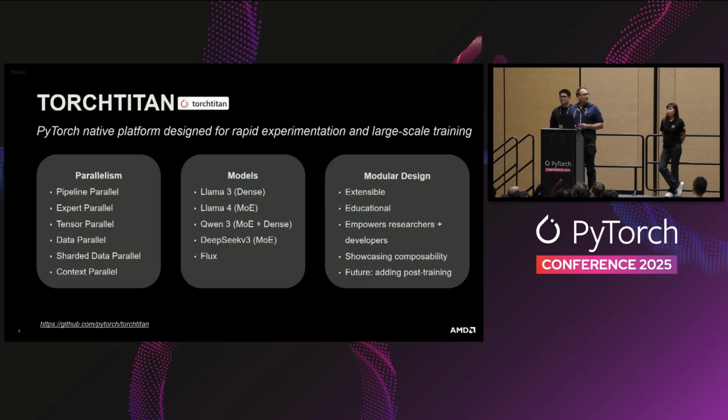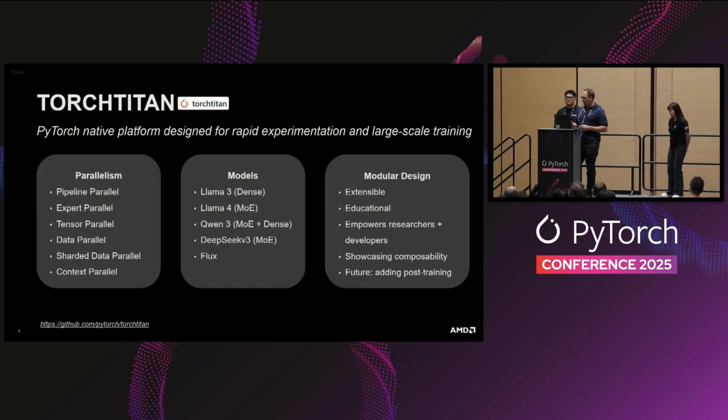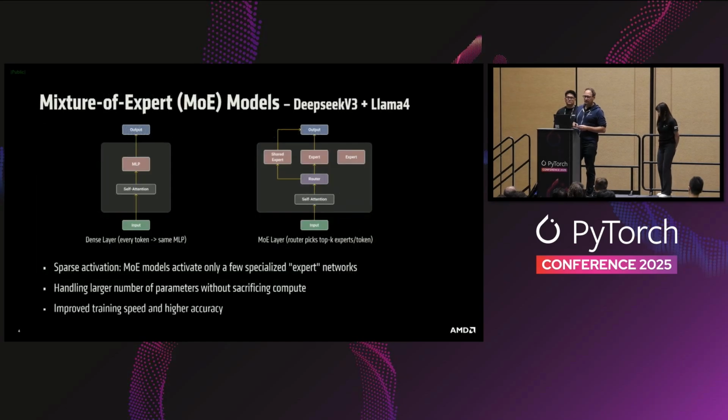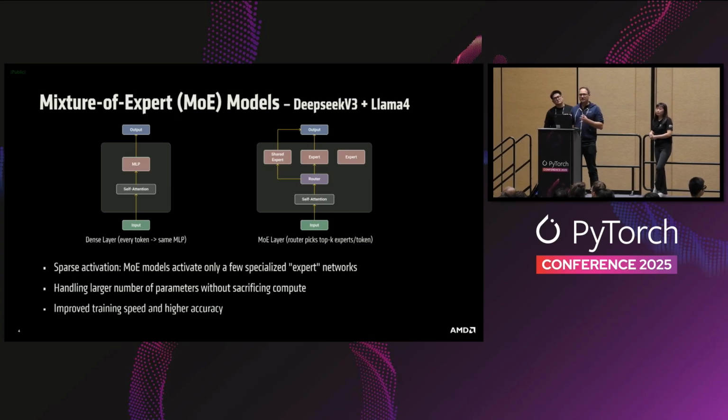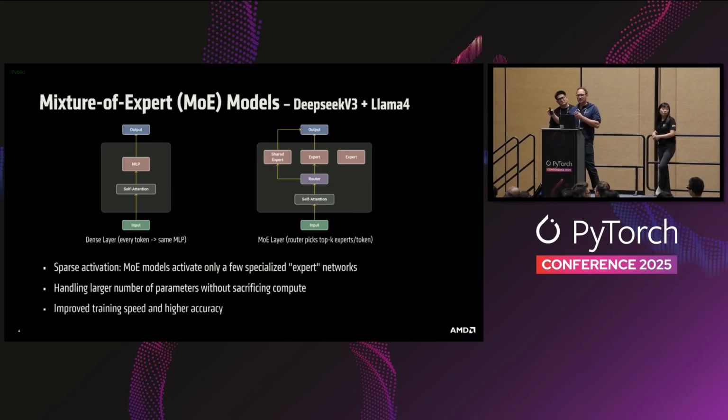Before we go into the challenges, I quickly want to talk about what MoE actually stands for. It's a mixture of experts. When you go from a dense model like Llama 3 to a MoE model like Llama 4, what you replace is the big MLP layer after the self-attention. We replace that with multiple MLPs, which are potentially smaller than the original dense layer.